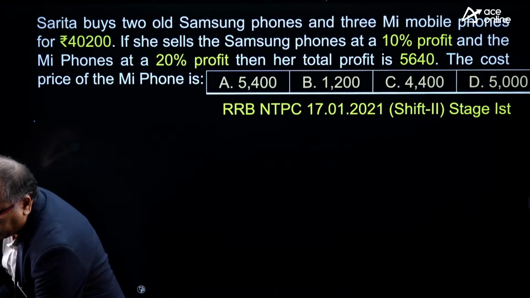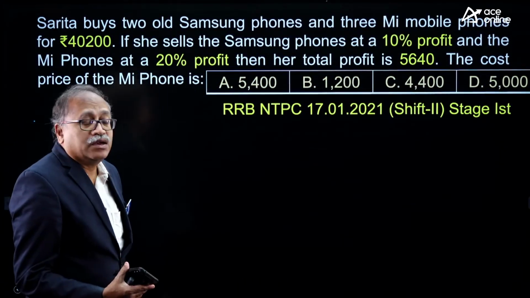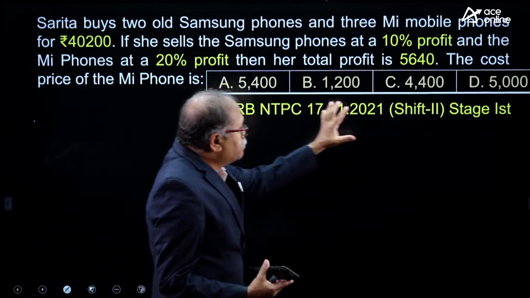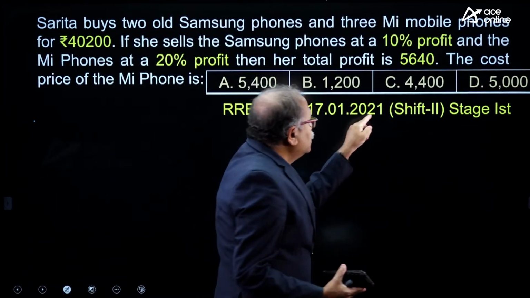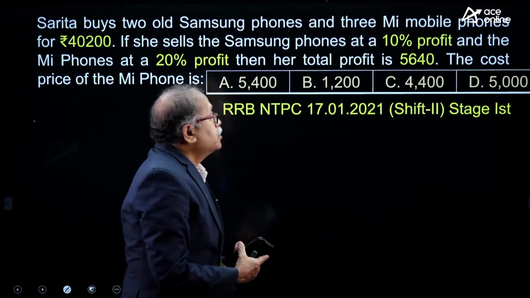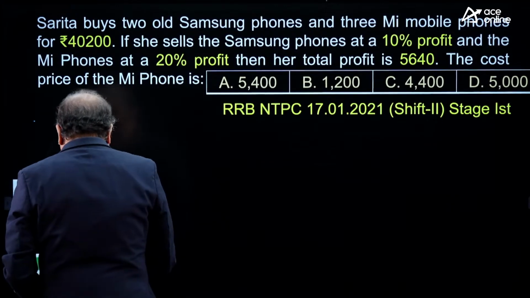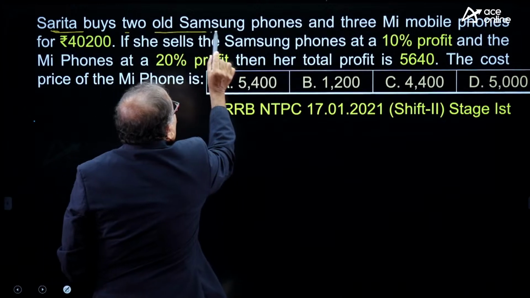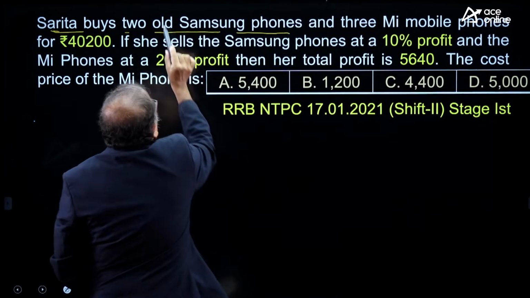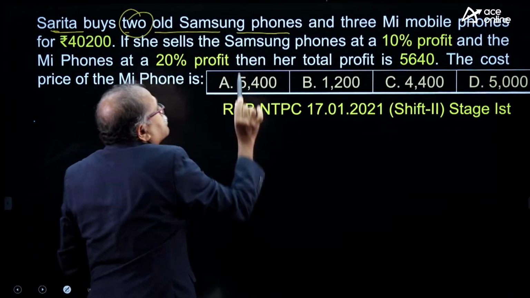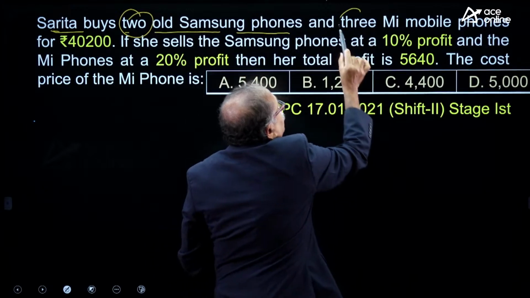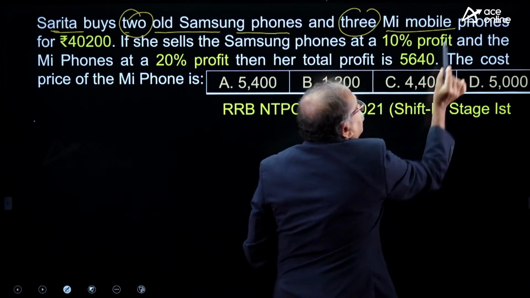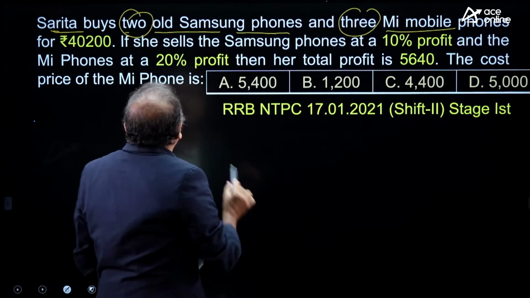Come on, my dear friends. I will read the question, and you can notice that I picked these even shift-wise. Sarita buys 2 old Samsung phones and 3 MI mobile phones.